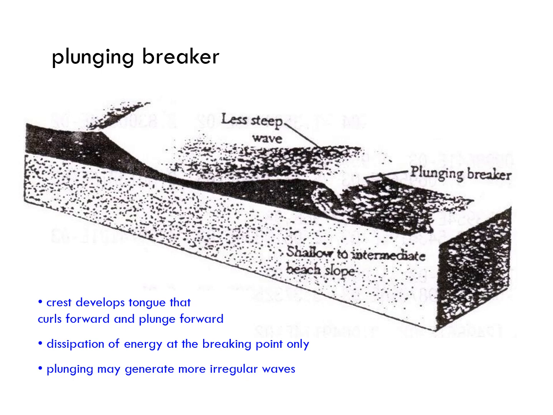Here the wave curls forward because the water particle velocity at the crest is faster than the wave celerity, so that it forms a tongue that plunges forward to dissipate the energy at the breaking point. The phenomenon of a plunging breaker is even more turbulent, and so it has the potential to generate even more irregular waves in the breaker zone.